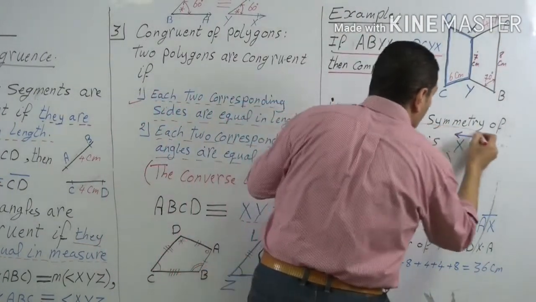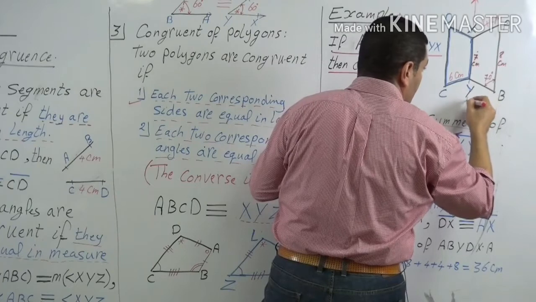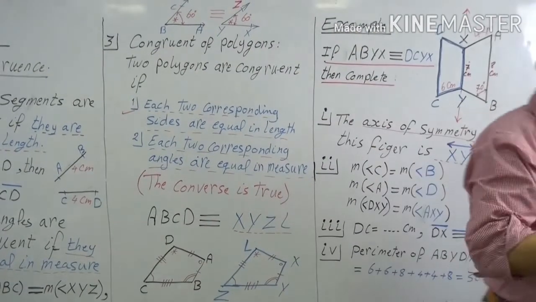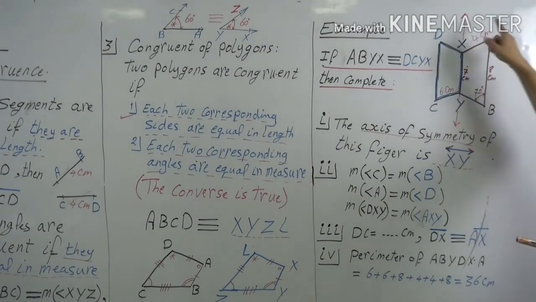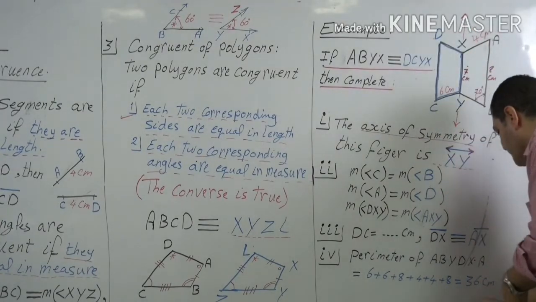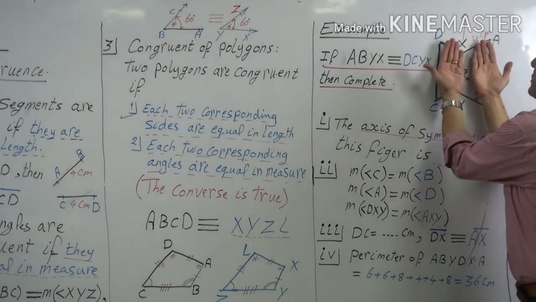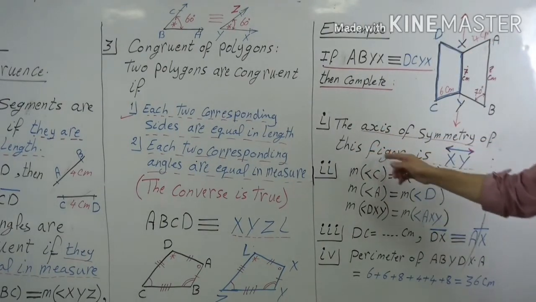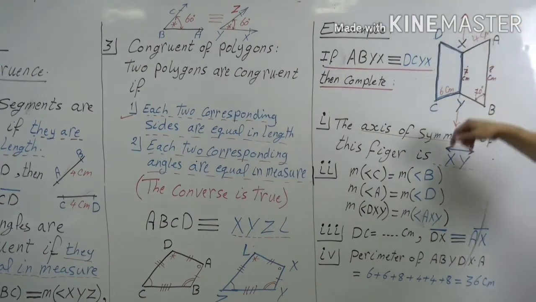The axis of symmetry divides the total shape into two congruent shapes.